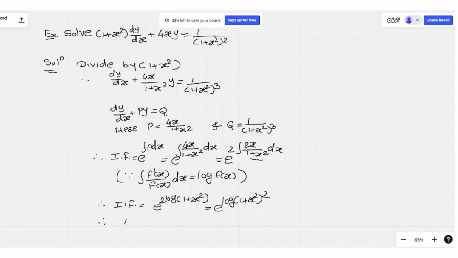Therefore, the integrating factor is equal to (1 plus x square) whole square.